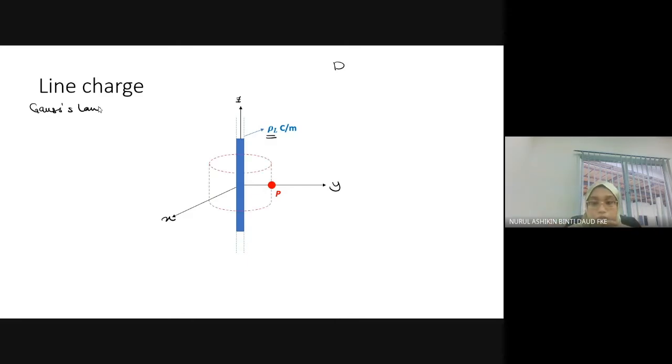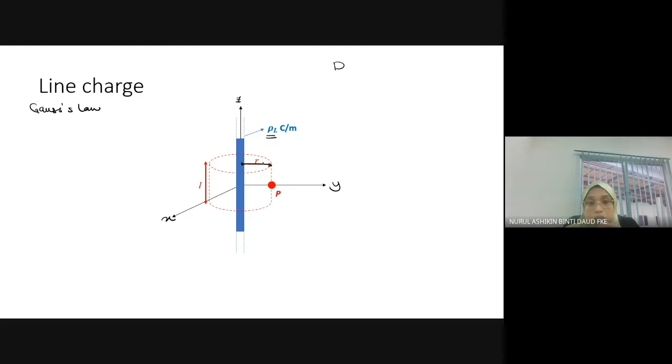The shape should be a cylinder, with a finite height L, and radius R, from the z-axis towards this point P, in the R direction.